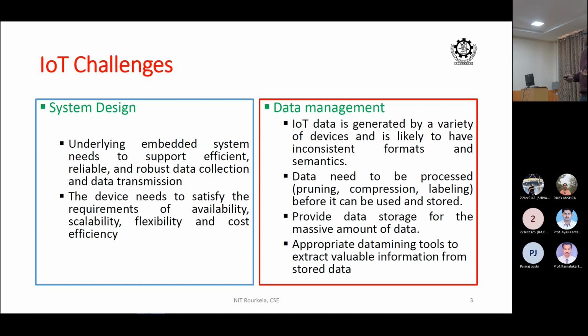Now, if you look at it from the entire IoT system point of view, the device needs to satisfy the requirements of availability, scalability, flexibility, and cost efficiency. By default, the IoT infrastructure is a centralized infrastructure, and any centralized infrastructure is a single point of failure.